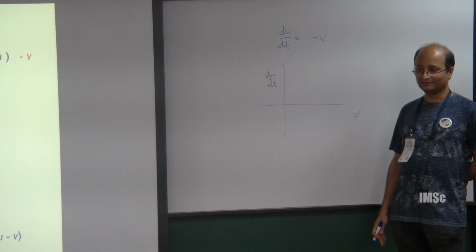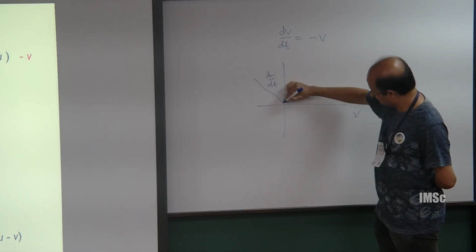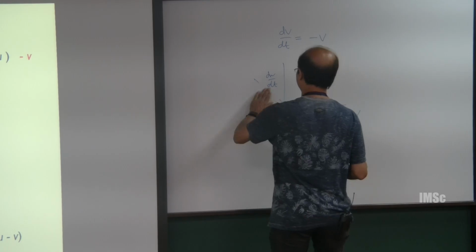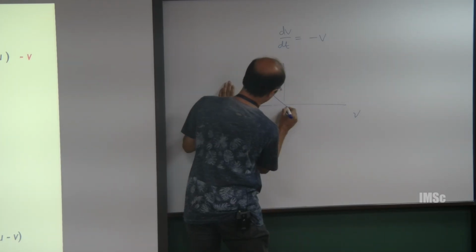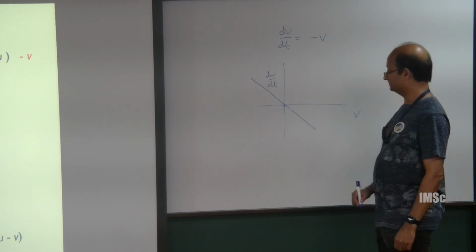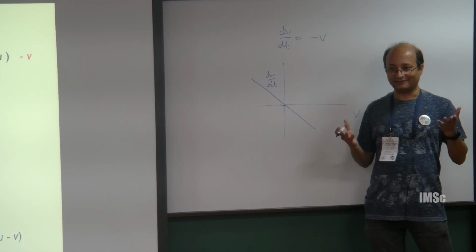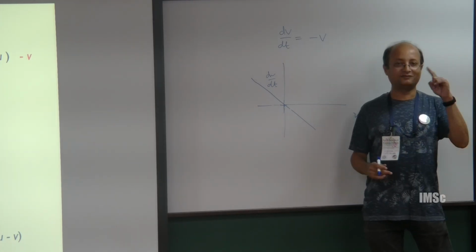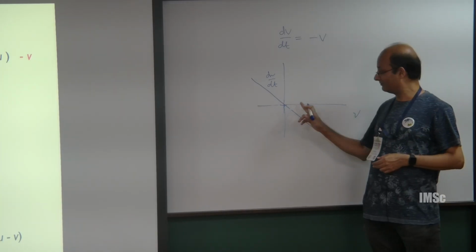A straight line, yeah, negative slope, correct. Sorry, my hand is betraying me. Yeah, okay, it goes through 0. Now what will be the flows? Previously I have given you flows and you have drawn the functions. Now I have given you the function and I want you to tell me the flows.